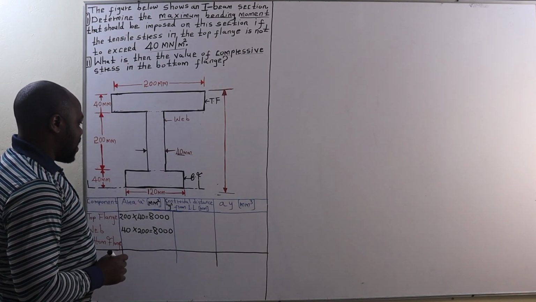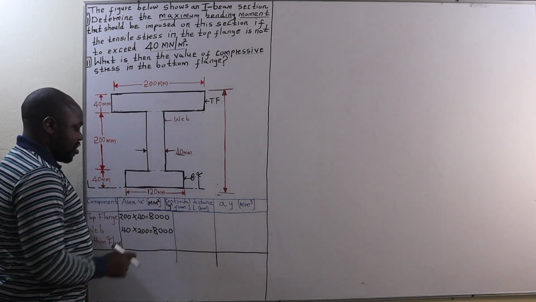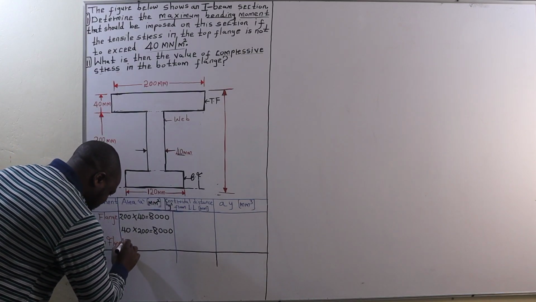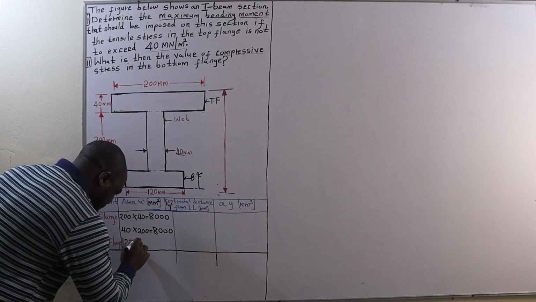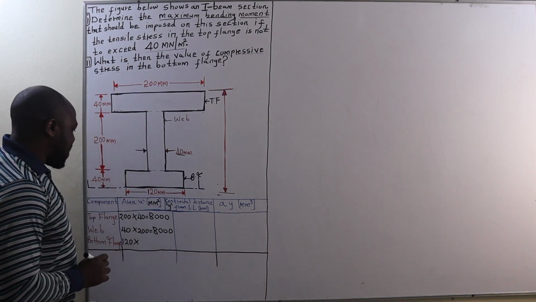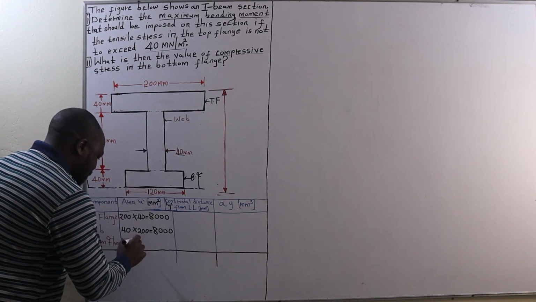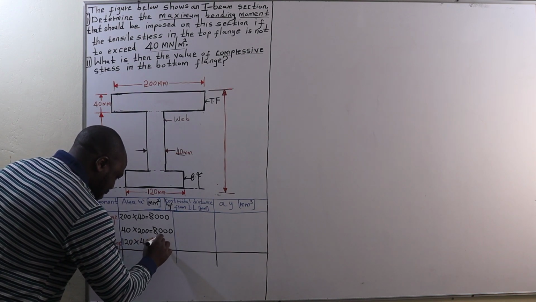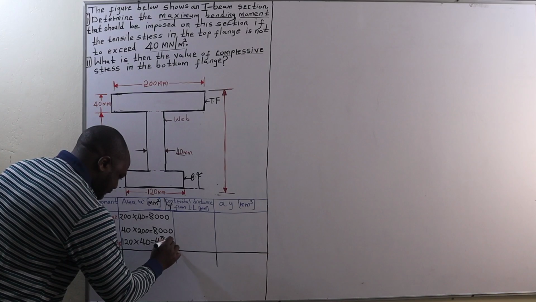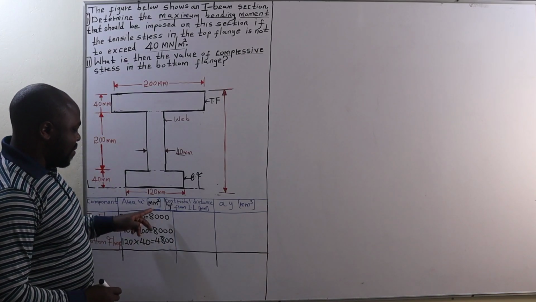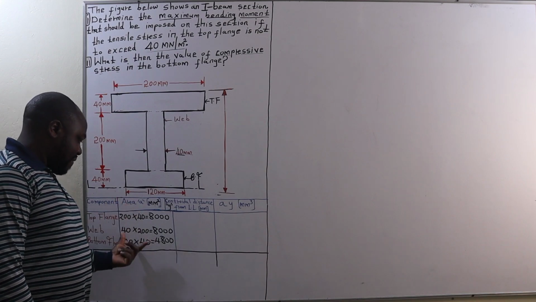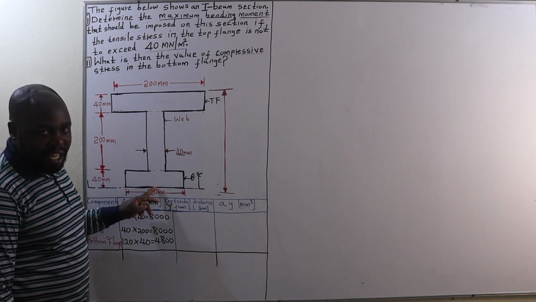And then the area of the bottom flange is going to be a breadth of 120 millimeters multiplied by a depth of 40 millimeters, which is going to be 4,800 square millimeters. Therefore, those are the areas of all the three components.